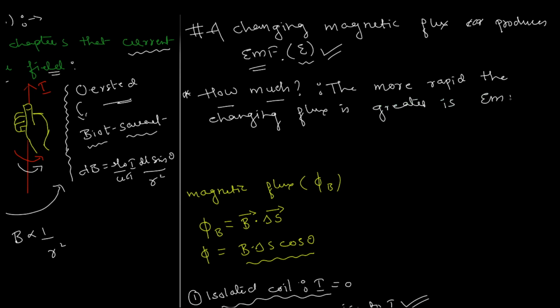These were just the observations, and eventually later on Faraday gave us the law of electromagnetic induction, which I'll be writing very soon now. I'm going to use that space.